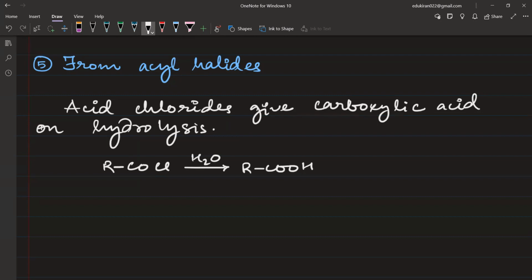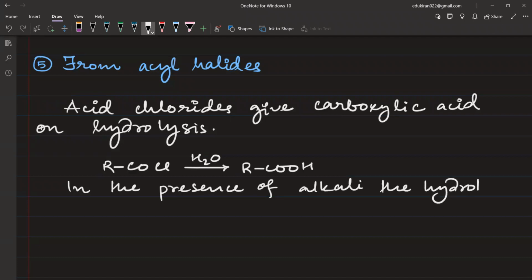Now, in the presence of base, the presence of alkali, the hydrolysis is faster.